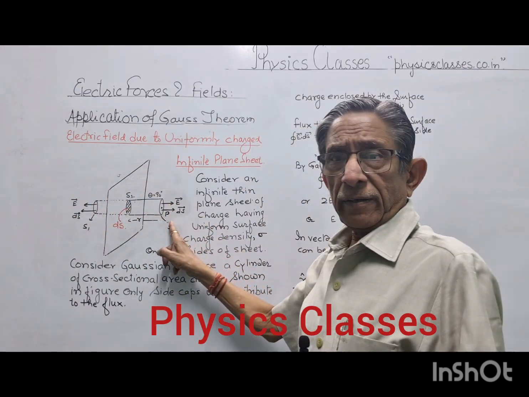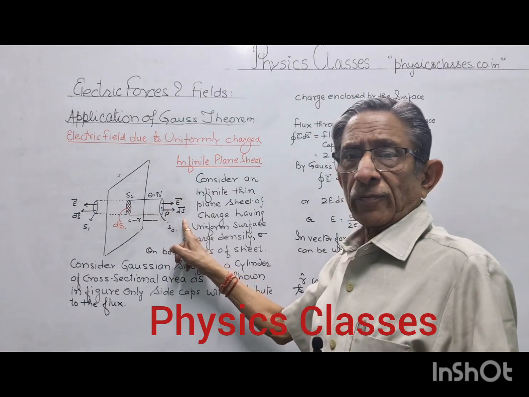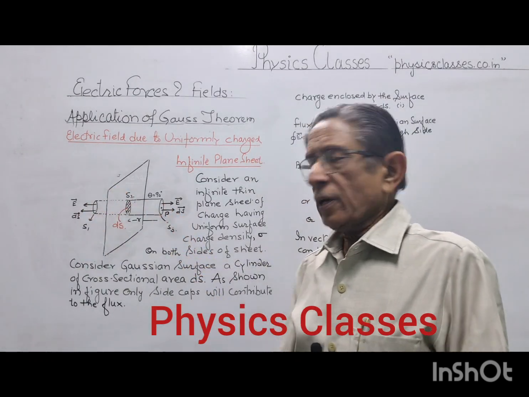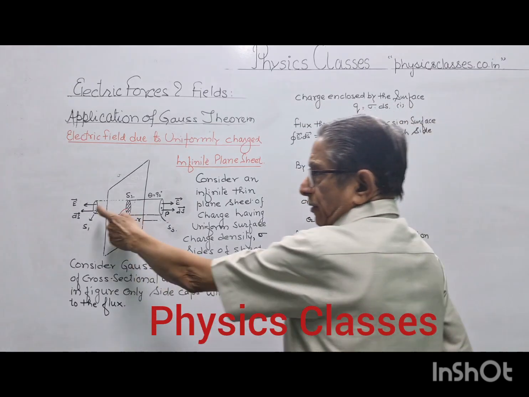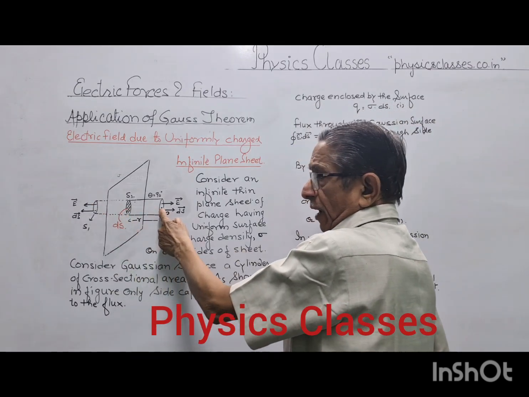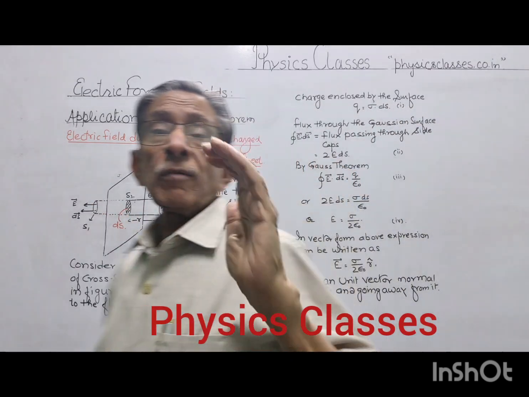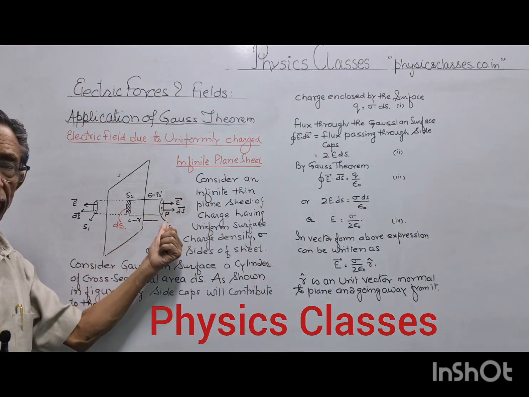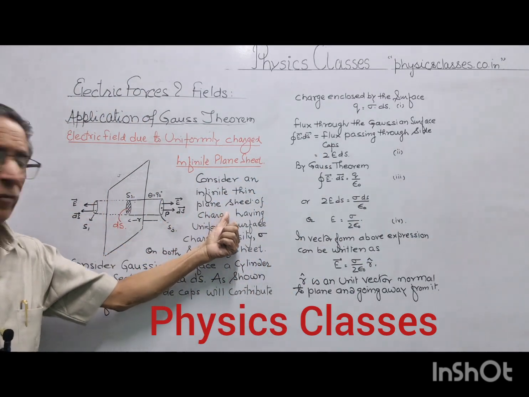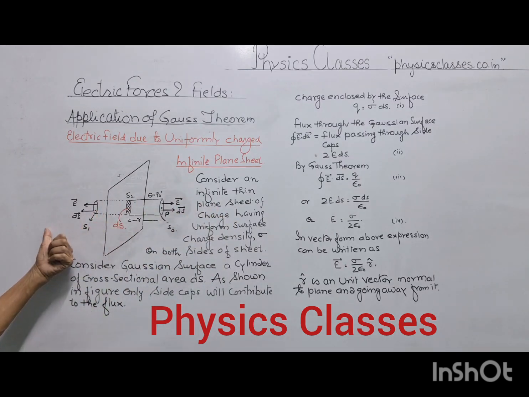The area vector is also along the x-axis at the side caps of this cylinder. This is a cylindrical surface. Area is always taken normal to the surface, outward. That's why for this surface, area is outward, and for this surface, area is outward.